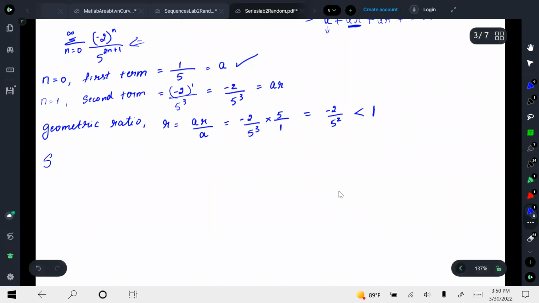Okay. Now next, you need to find the sum of a geometric series. Sn will be equal to a divided by 1 minus r. This is the formula for the summation of a geometric series. So a is 1 over 5, divided by 1 minus r, which is negative 2 divided by 5 squared.